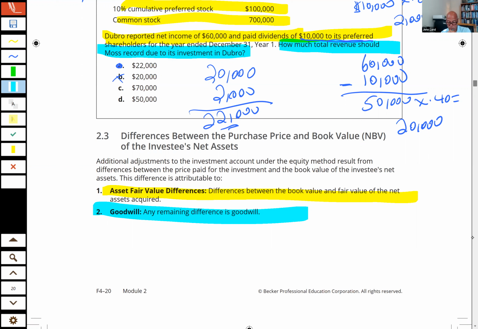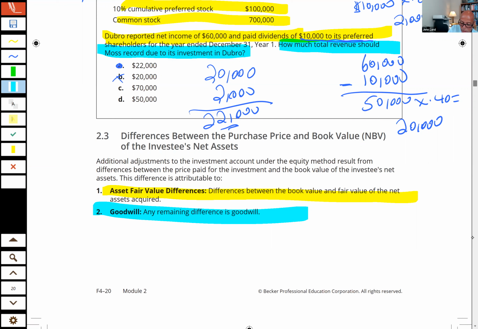If the question asks what is the amount of goodwill attributed to the transaction, or the goodwill implied, then yes, you would calculate that goodwill as the difference between the acquisition price and the fair value of the asset. So be careful when you read those questions.